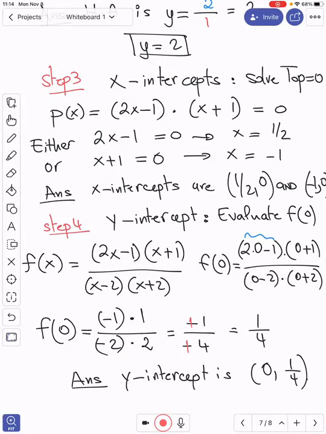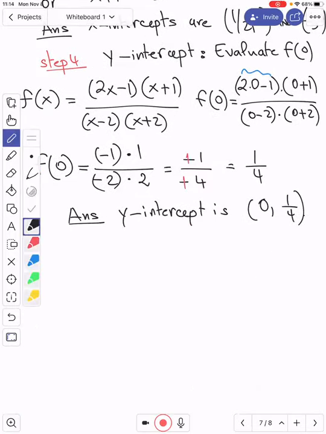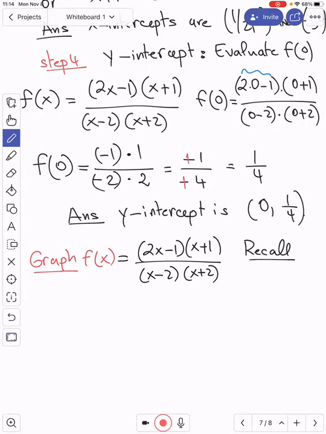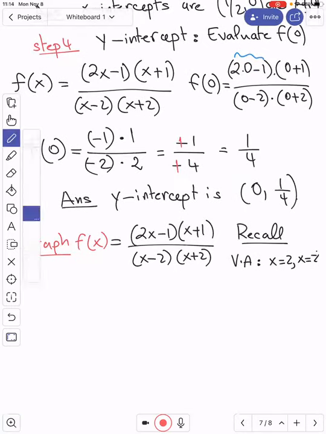Now we can graph the function f. Let me remind you, f is 2x minus 1 times x plus 1 over x minus 2 times x plus 2. Just to remind you what we have: for the vertical asymptotes, we have x equals 2 and x equals -2.